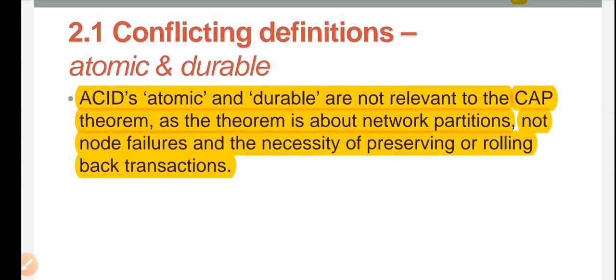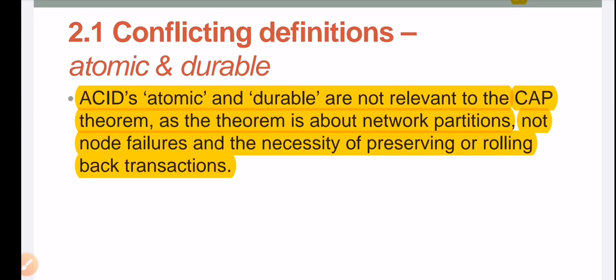ACID's atomic and durable are not relevant to the CAP theorem. Why? Because the CAP theorem talks about network partition, and atomicity and durability are not related to network partition, but to node failures, which guarantee the preserving of rolling back transactions or committing the transaction.